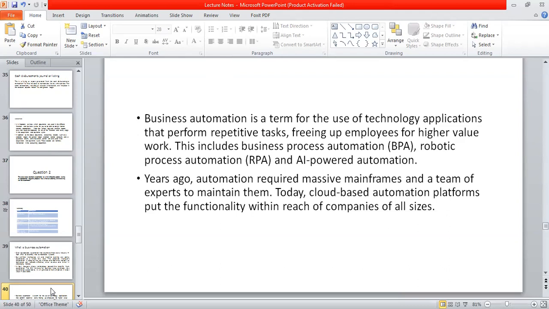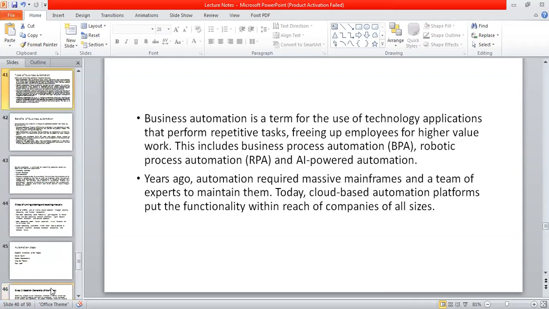In previous years, some small companies found it difficult to acquire the needed technologies to automate their processes. Some could not afford the big servers, but nowadays it is much cheaper because of cloud-based servers.